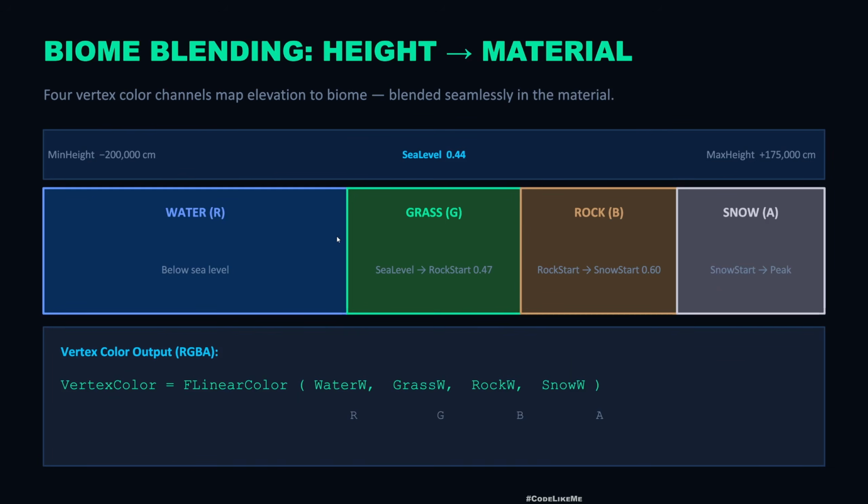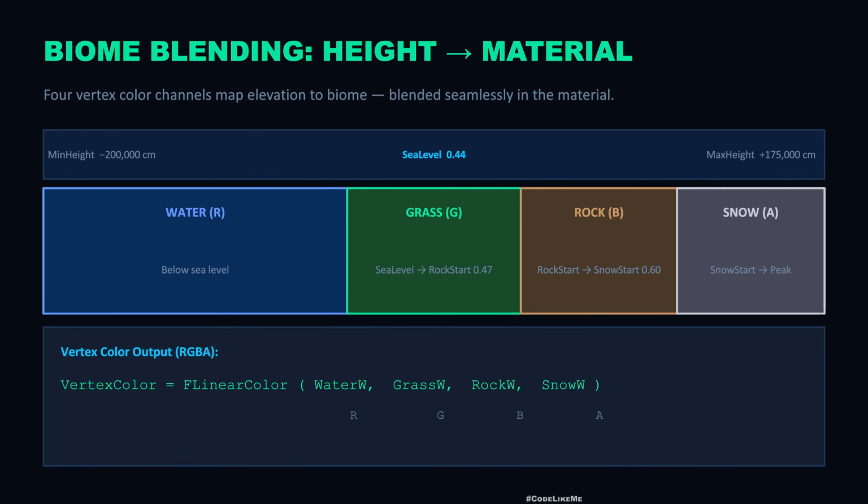And also we have this biome blending. So we are embedding the vertex colors of the mesh in this way. I use G for grass layer and B for rock layer and A for snow layer and R for below sea level.